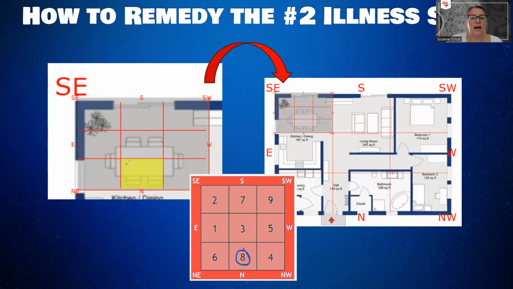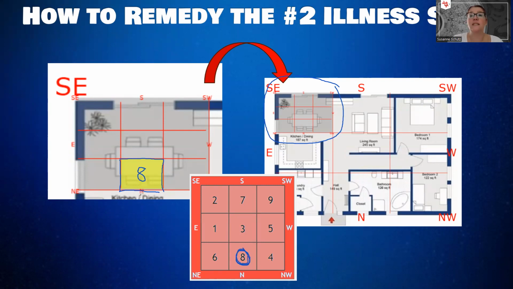So we are highlighting the north sector of this small area that we have partitioned away. We know that the illness star overall is in the southeast sector. We've shrunken this big grid into just the southeast sector, and we are now focusing within it on the number 8 star, which is in the north.